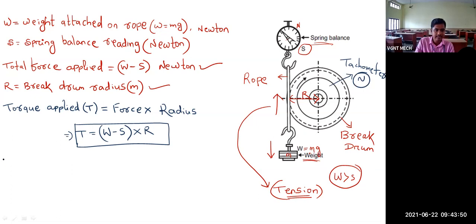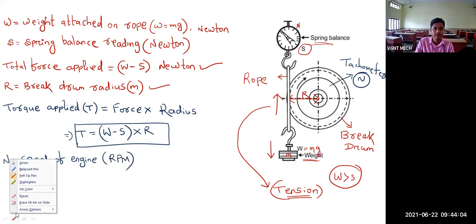So capital N is nothing but the speed of the engine in RPM, revolutions per minute. We have calculated the torque applied, and we can measure the speed of the engine using the tachometer.